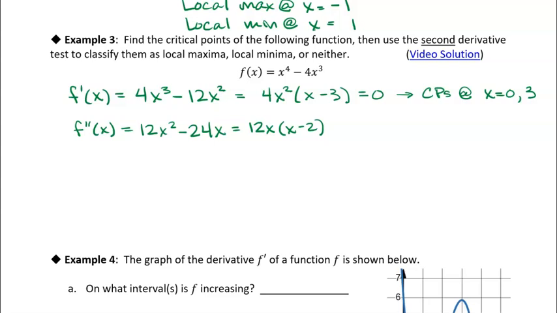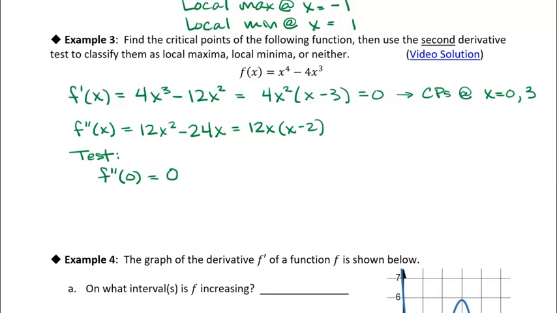So now let's use the second derivative test. We're going to test the concavity at the critical points. So first of all, let's look at f double prime. That's the concavity at 0. If I plug that in, I get 0.